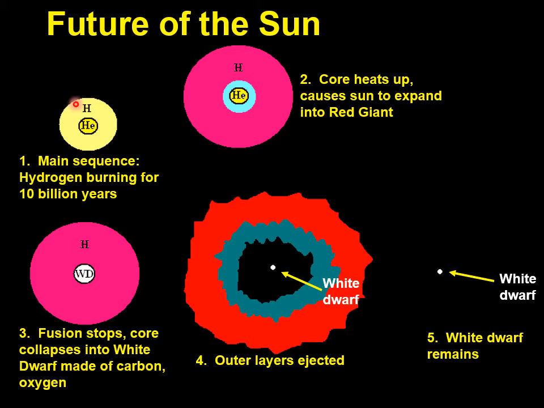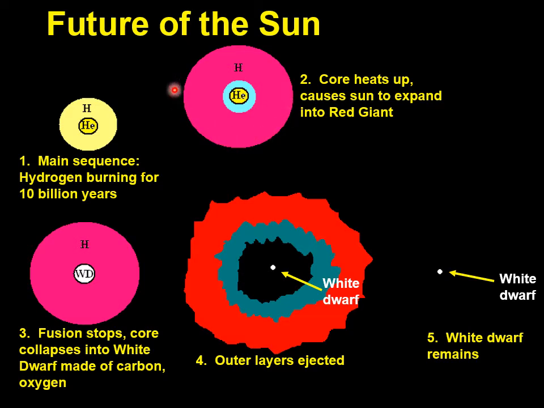So our sun is middle-aged. But in about 5 billion years or so, our sun is basically going to run out of fuel in its core. It's going to convert all of its hydrogen in the core into helium, and what's going to happen then is the core is going to shrink and heat up, and it's going to expand out the outer layers. So our sun will expand into a red giant star.